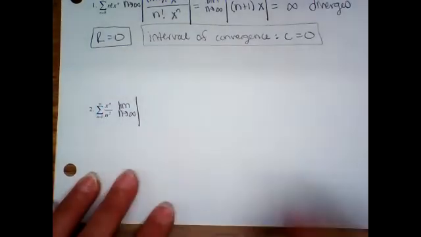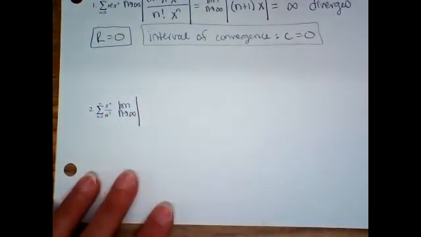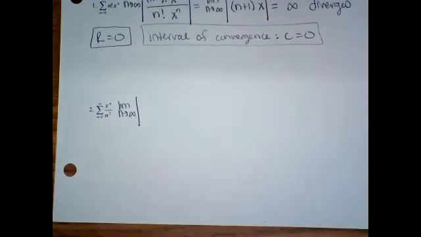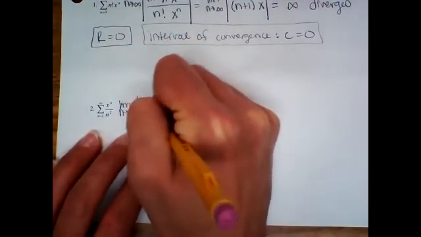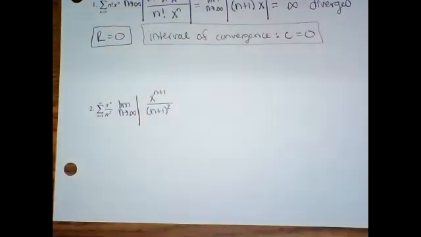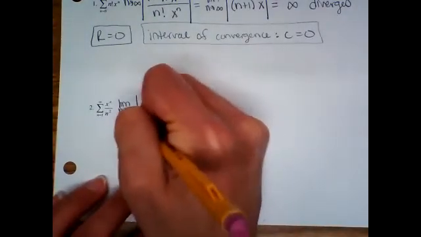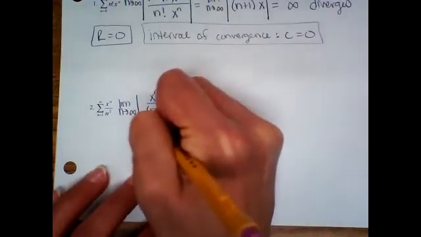So again, it starts with the ratio test. So limit as n goes to infinity, we're going to plug in n plus 1. So x to the n plus 1 over n plus 1 squared. And then that's all over the series itself.